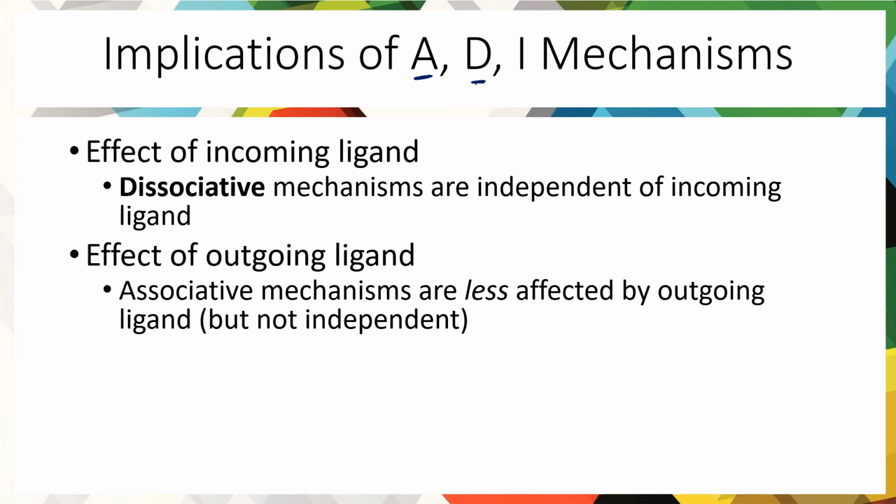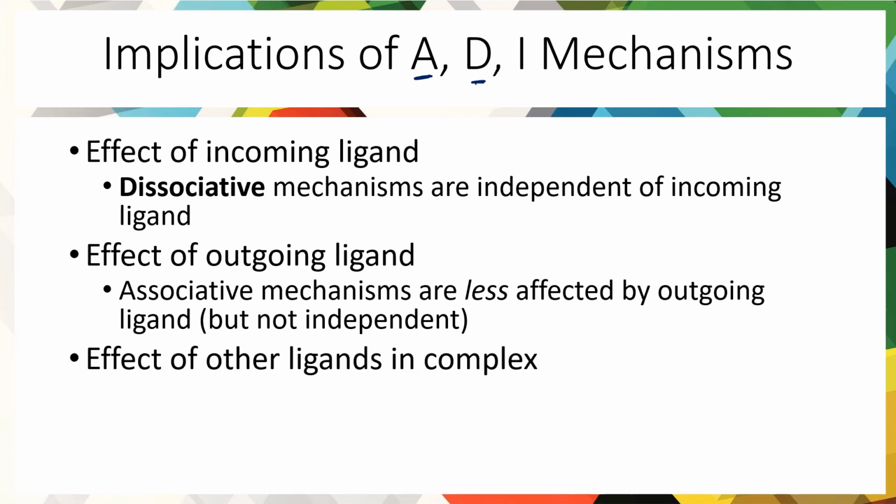So associative mechanisms are less affected by the outgoing ligand because what's really happening is you're forming that complex with all of them attached at once, right? But we'll see, especially in square planar complexes, that the effect of that leaving ligand is pretty strong. The bonding between that ligand and the metal does change the way that the incoming ligand bonds as well. So it's not completely independent, it's just less dependent.